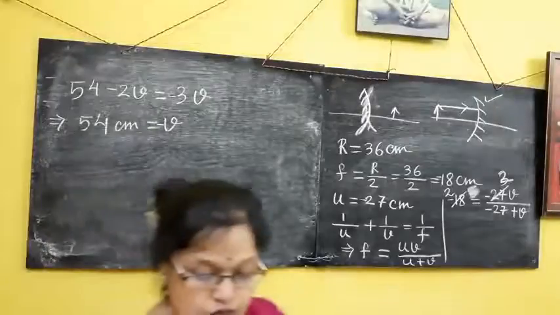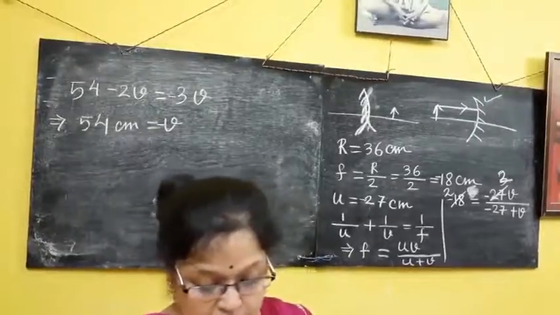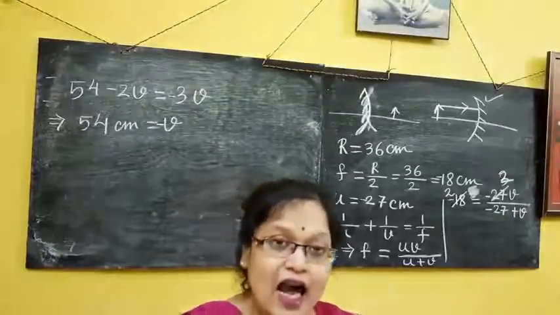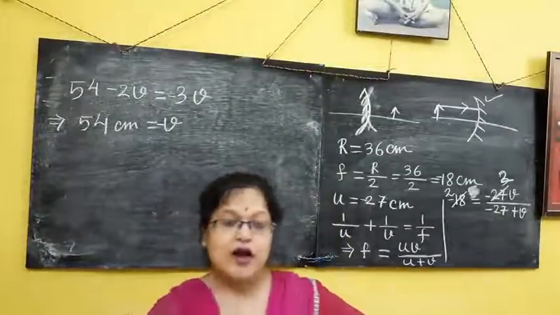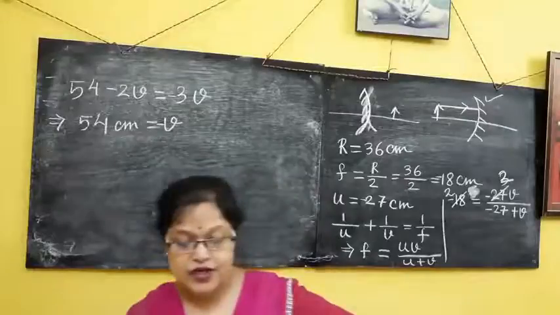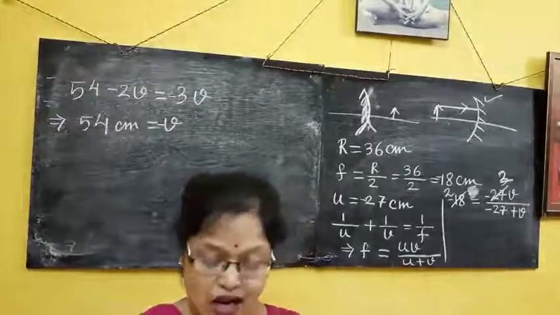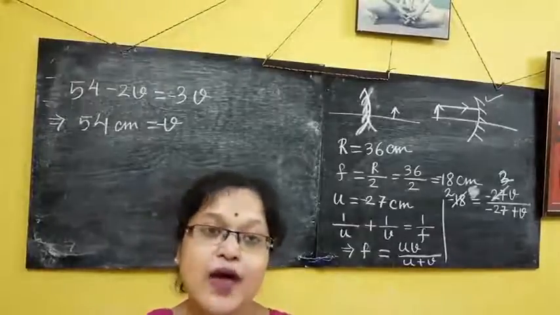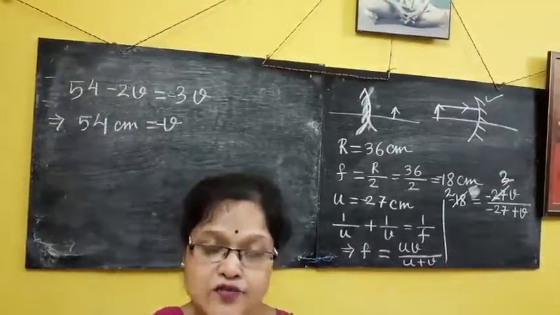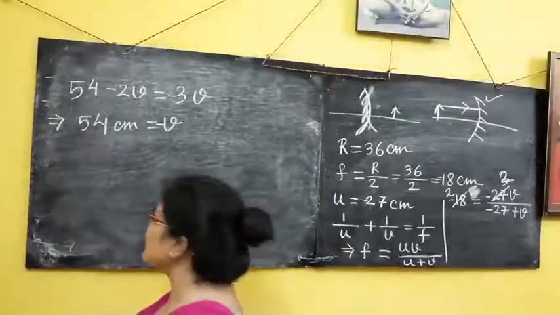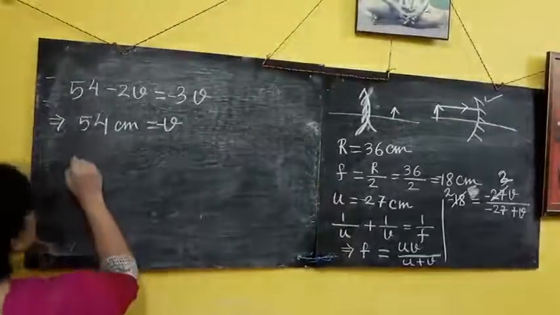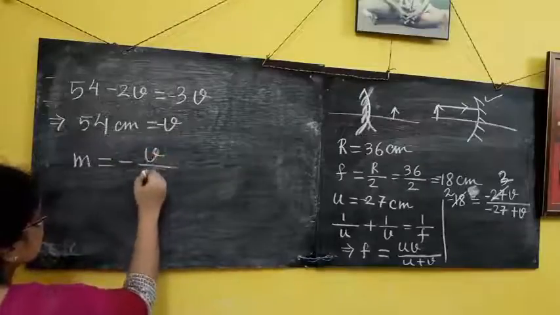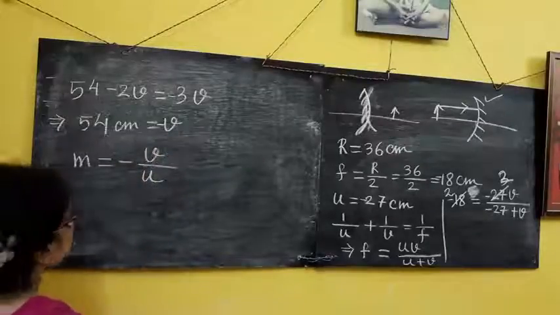Now the next question with the same thing is: what will be the size of the image? For that I need the help of the magnification formula, meaning how much larger or how much smaller the image will be. We know magnification is minus v by u.